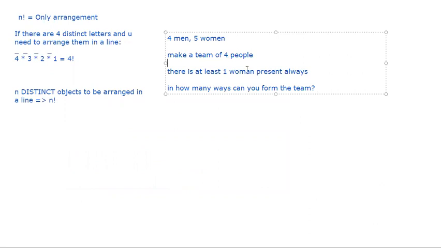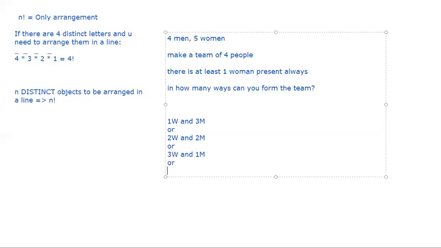At least one woman means what? You need one woman. You can have one woman, but then you need 4 people, so you need 3 men also. But you can also have 2 women because I said at least one, and 2 men. Then 3 women and 1 man, or 4 women. These are the 4 possible cases that you can have.